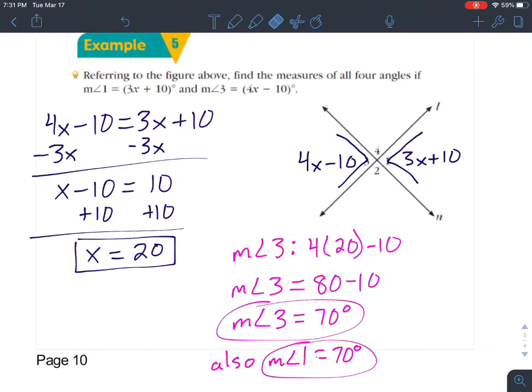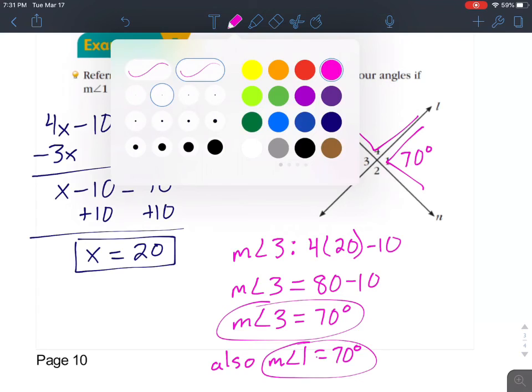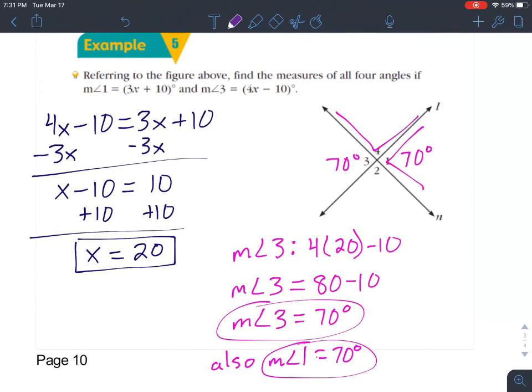Now the last part for us, I'm going to erase the 4x minus 10 and the 3x plus 10, because we already know those measures as 70 degrees. We know then that angle 4 and angle 1 are supposed to add up to 180 degrees because they are a linear pair.